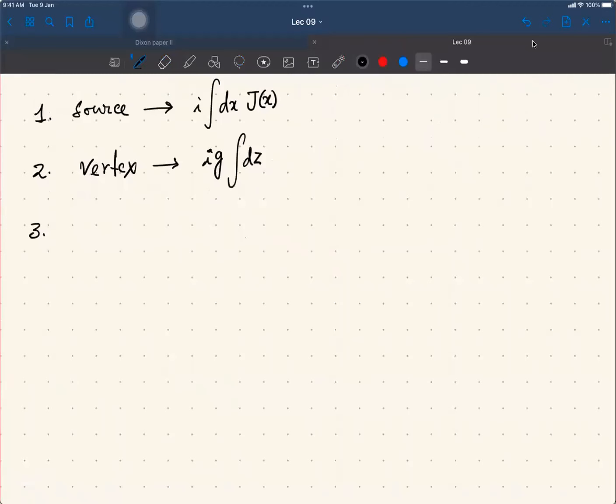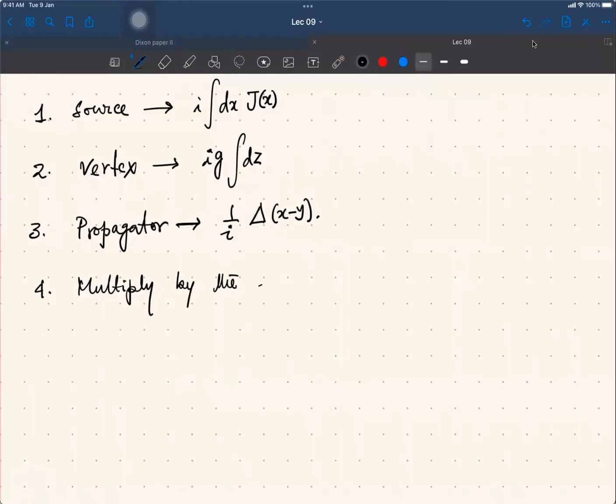Number 3, for each propagator, write 1 over I delta x minus y. And finally, number 4, multiply by the symmetry factor, 1 over s.